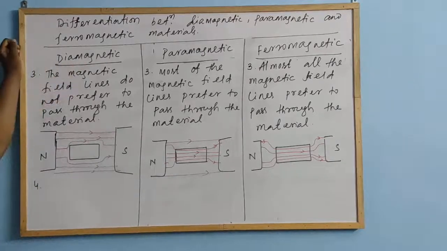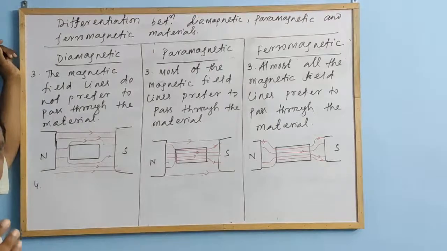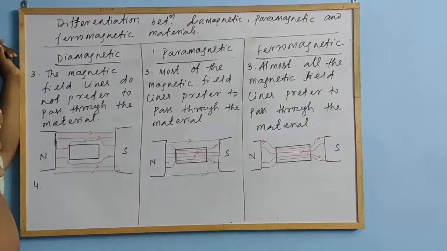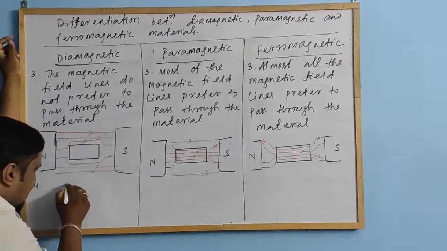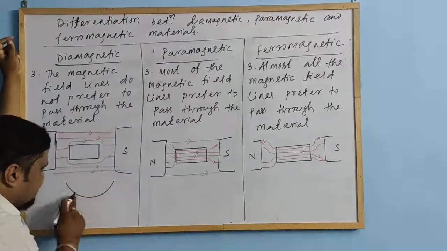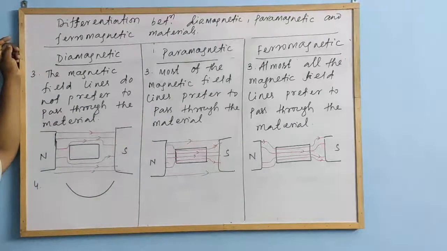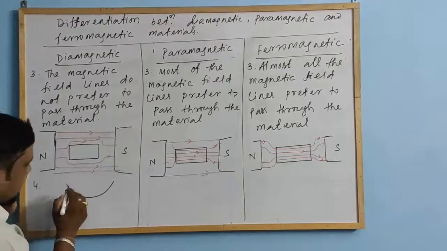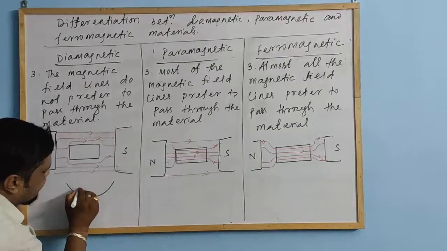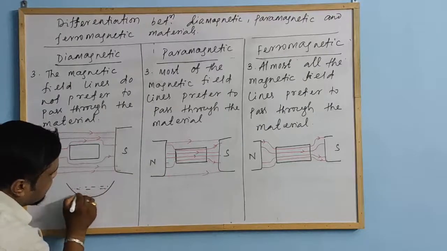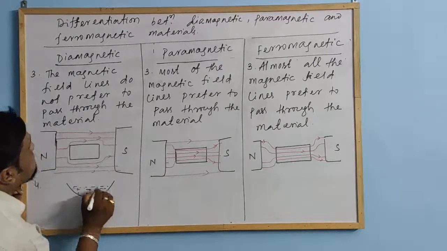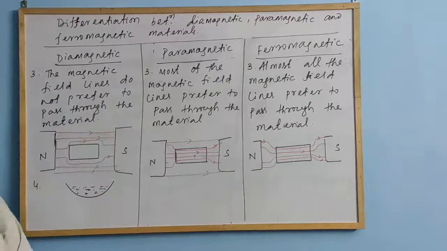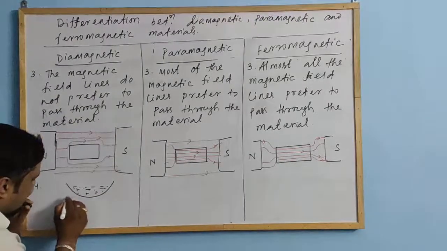When the diamagnetic materials are taken in a powder form and placed on a watch glass, like a convex watch glass, so these are the powdered diamagnetic material, and it is placed over two magnetic poles.